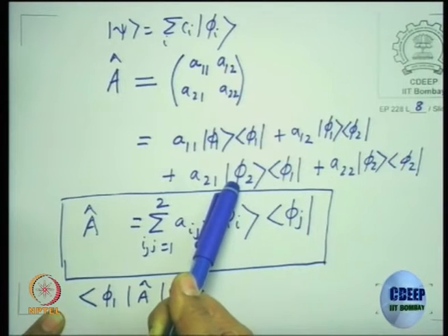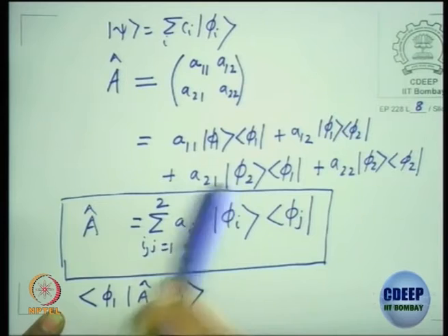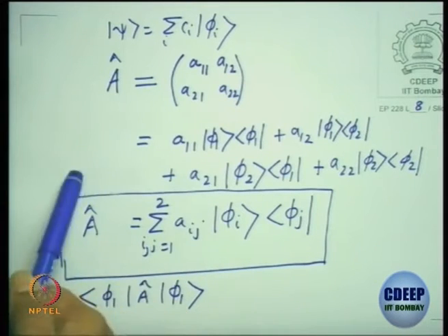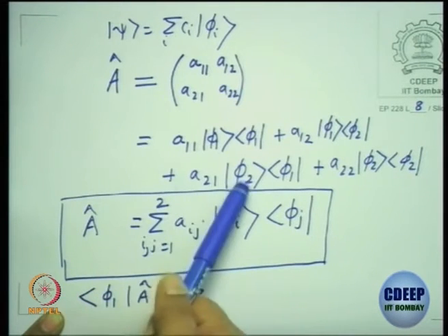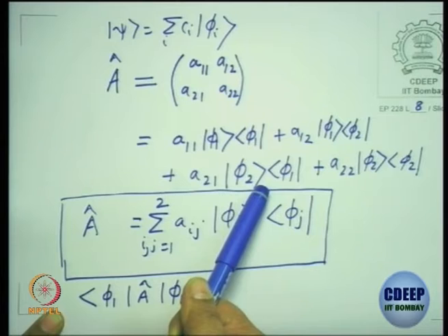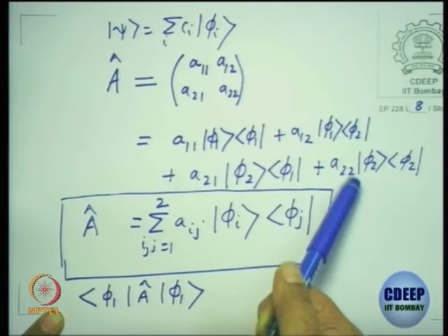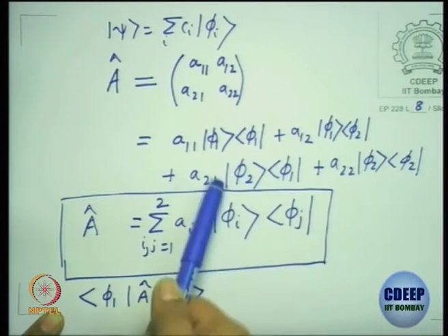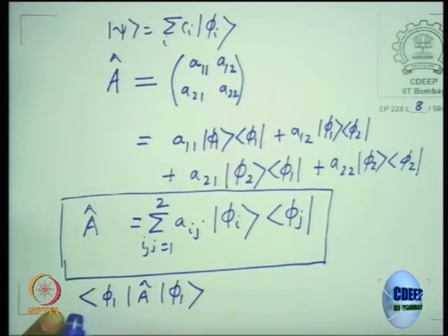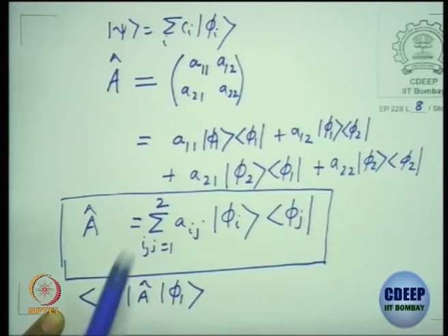Third term will be 0 by the orthonormal property, right? If I operate, phi 1 phi 2 is 0. Similarly, phi 1 phi 2 is 0. So, these 2 terms will be 0. By putting the bra vector phi 1 on both sides, these 2 terms are going to be 0.